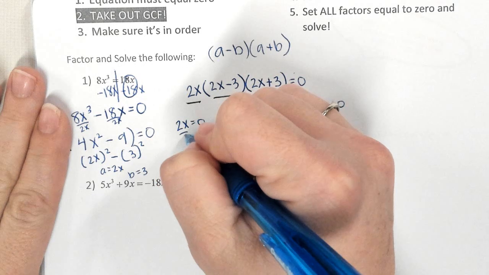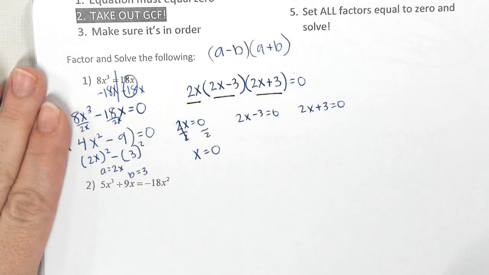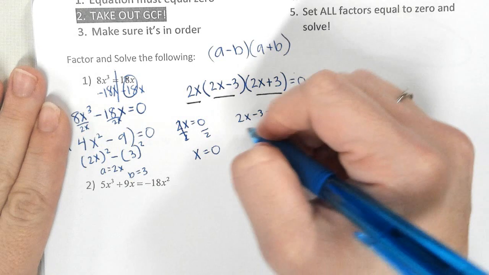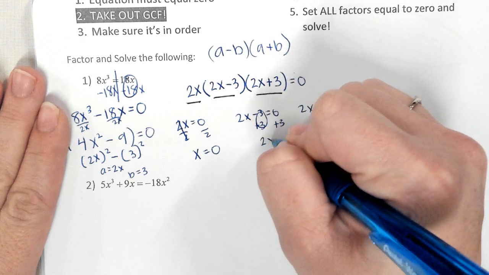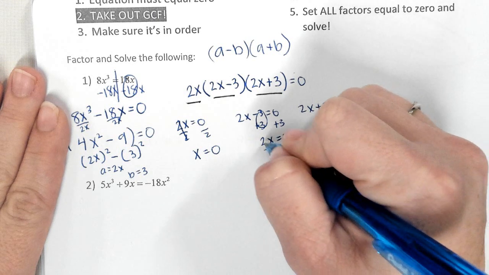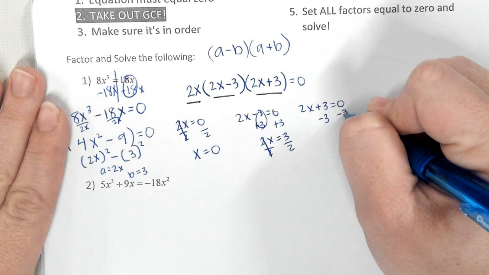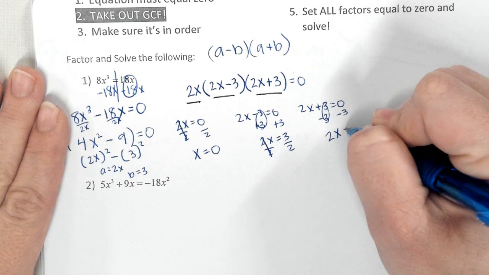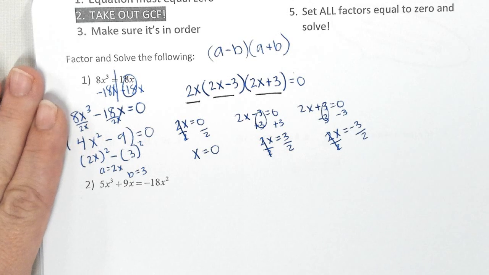So divide by 2, and I get x equals 0. Here I'm going to add 3, I get 2x equals 3. Divide by 2, and I get 3/2. And I get -3/2.